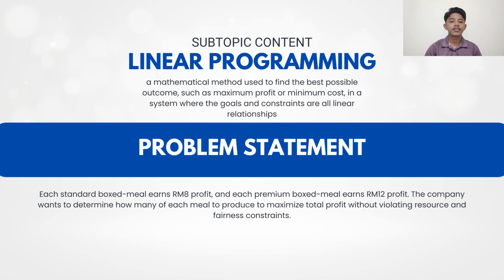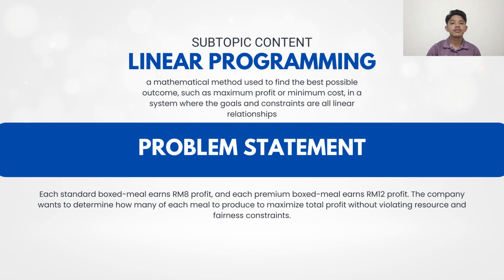And for the last subtopic content that we will use to solve our real-world problem is linear programming. Linear programming is a mathematical method used to find the best possible outcome, such as the maximum profit or the minimum cost, in a system where goals and constraints are all linear relationships.